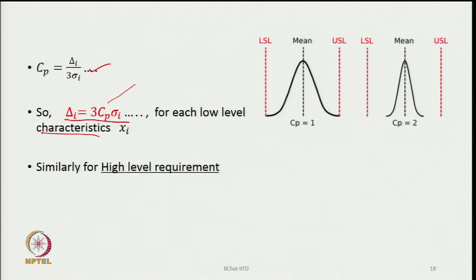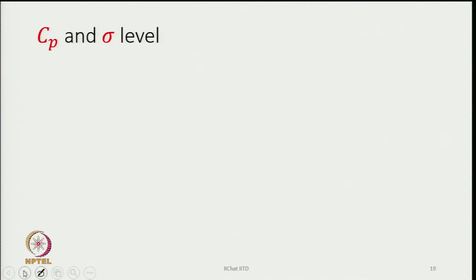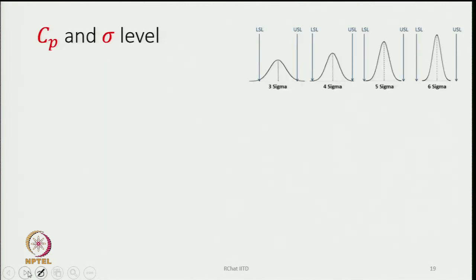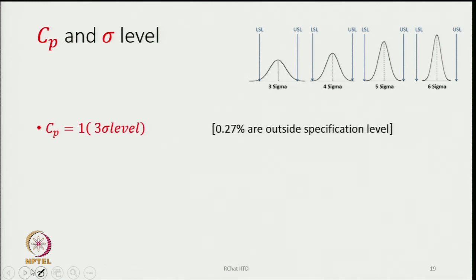So, this is the relationship between the process capability Cp, the standard deviation and the tolerance. For high level requirements, similarly, we can write delta O is going to be 3 into Cp multiplied by the standard deviation.